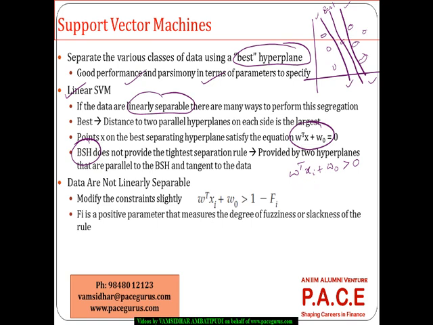But when there is non-linearity, we add a kind of fuzziness, a positive parameter that measures the degree of fuzziness of the rule. By adding it, we are trying to accommodate the non-linearity also. A few important points to understand about support vector machines: it uses the best hyperplane approach to separate the good from the bad customers.